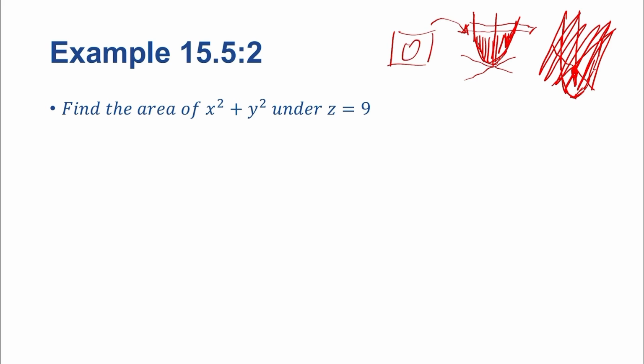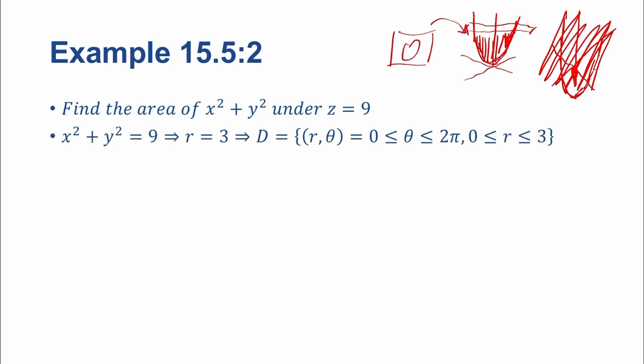So if I set both of these equal to each other, x squared plus y squared equals 9, then we get a circle. Our circle can be parameterized by polar coordinates, so I can get r equals 3, and that integral will be easier in polar coordinates. So now my domain is defined by r and theta such that theta is between 0 and 2 pi, and r is between 0 and 3.